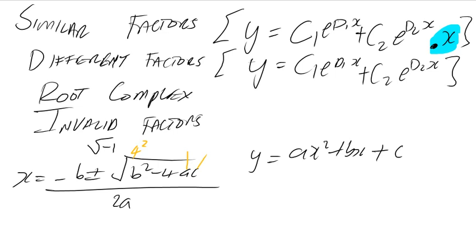Then we want something bigger, so a normally is 1, so let's just leave it as 1. Then let's get a bigger value for c.